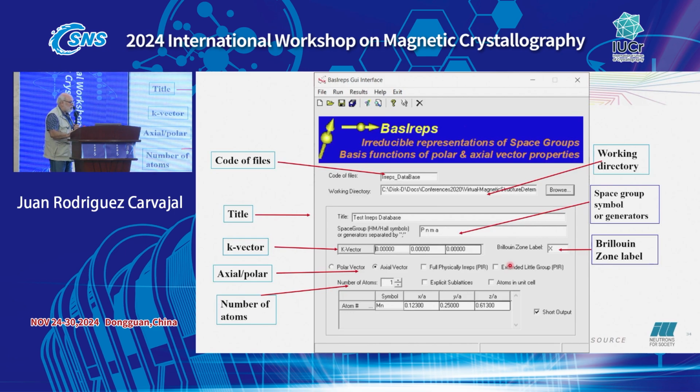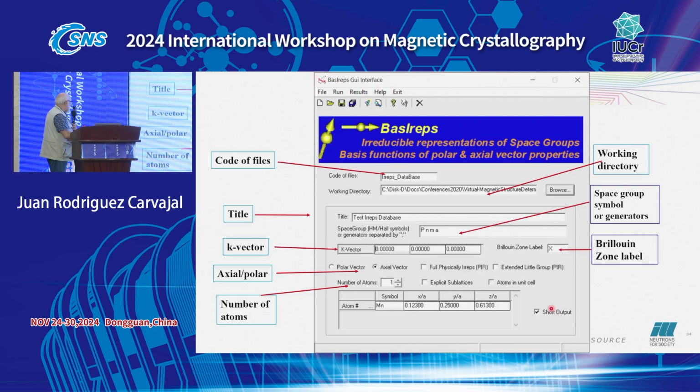And then the physically irreducible representations mean, normally when you have a pair of conjugate representations, it's easy to construct, and then transform to real form. This is done already in the database of isotropy.